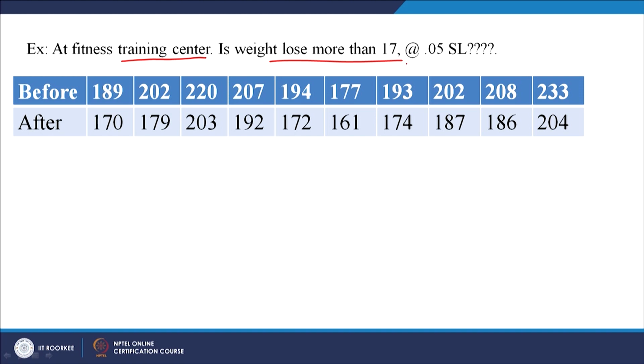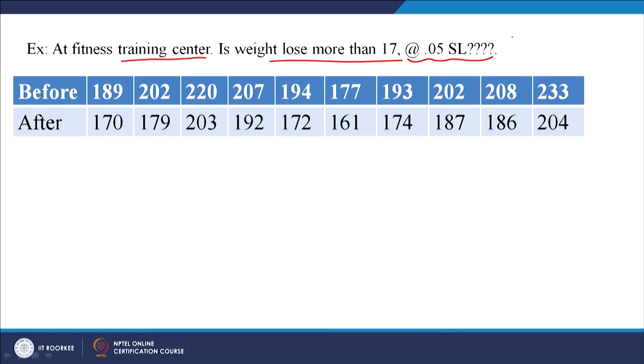So, you have to test this hypothesis at 0.05 significance level.